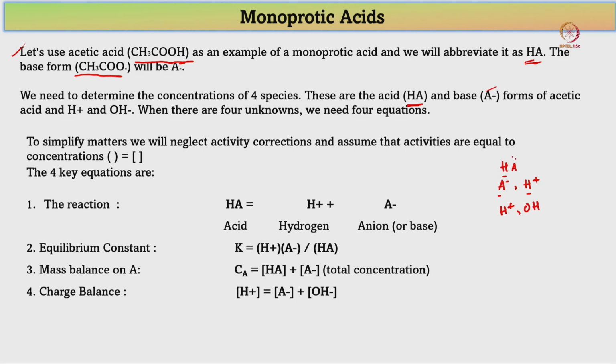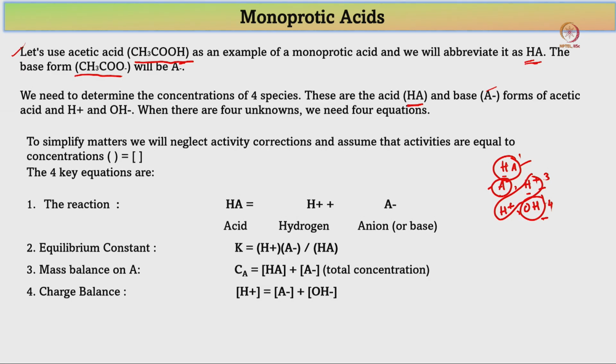So, this is my species 1, this is my second species, this is my third species, and this is my fourth species. Okay. So, you have 4 components: HA term, A term, H plus term and OH minus term.